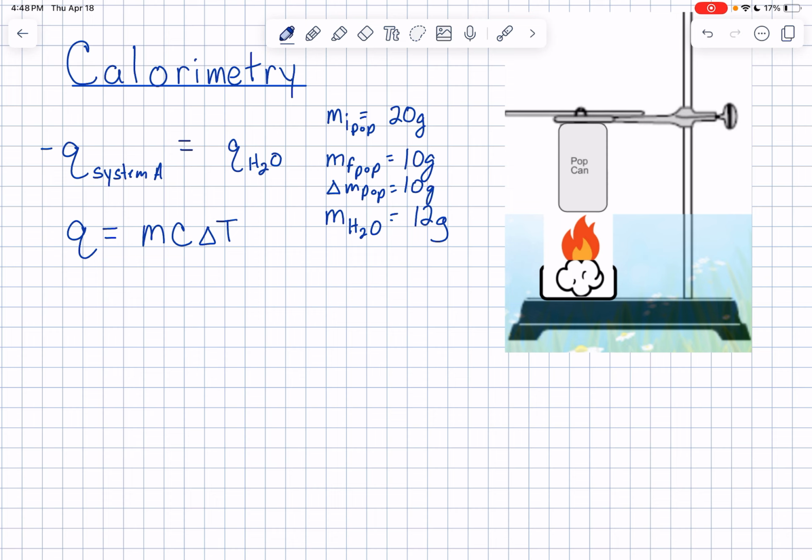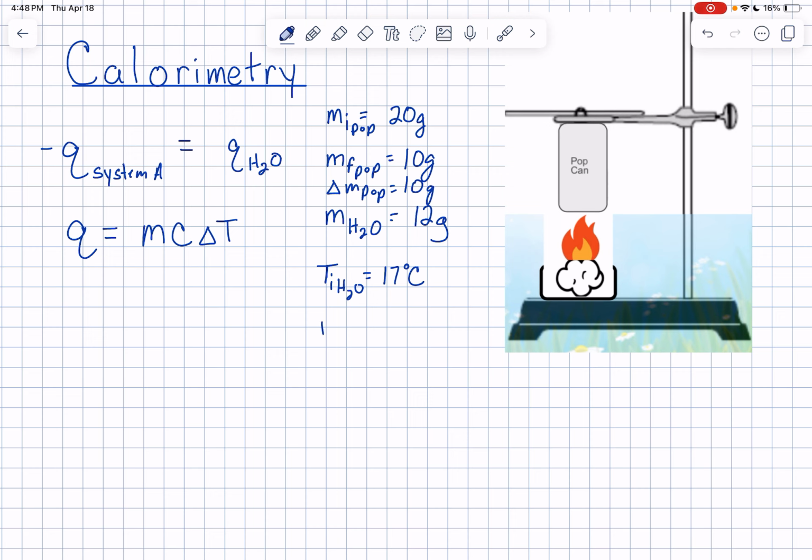Now, we also need to measure the temperature of the water before it occurred, and so I'm going to say that my initial temperature of the water is, let's say, a little bit colder than room temperature. So room temperature would be 25 degrees Celsius, so let's say that it's 17 degrees Celsius.